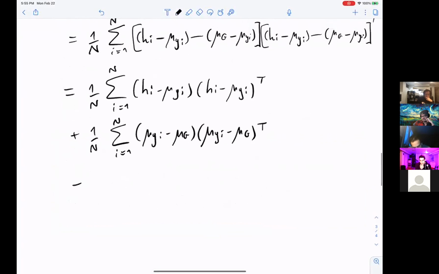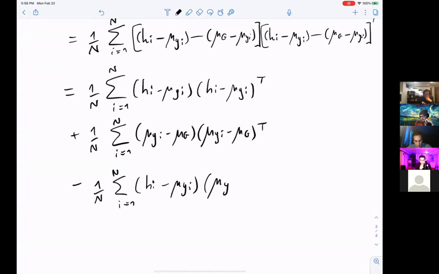And the third sum is going to be hi minus mu yi multiplied by mu yi minus mu g. I guess I should do 4 sums, but let's just neglect one of them. And then there is a fourth sum, which I don't want to write.